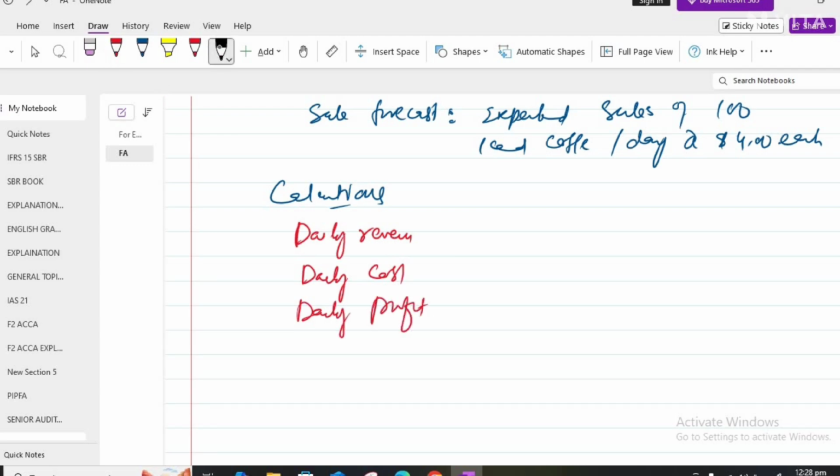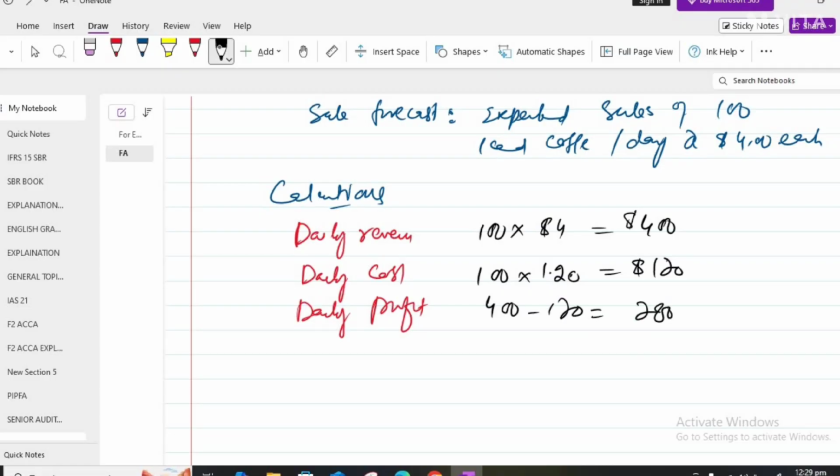So what will be the revenue? That will be $400. Now for 100 sales, the cost will be 1.20 each that we have obtained from the cost accounting, and the amount will be 120. So definitely the profit will be 400 less 120, which is $280. This is your calculation.